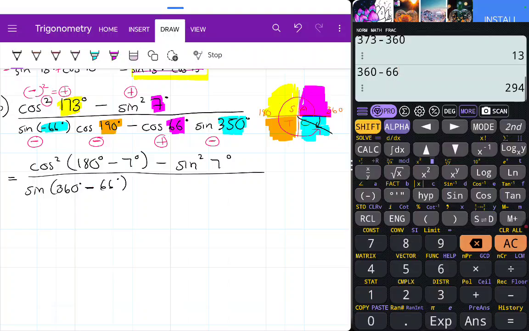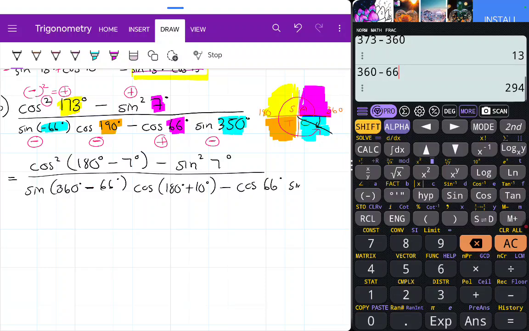On our next one, we're going to say cosine of 190 is going to be 180 plus 10. That gives me 190. And minus cos of 66 degrees. That one is already an acute angle. It's already in the pink quadrant, so I'm leaving it alone.